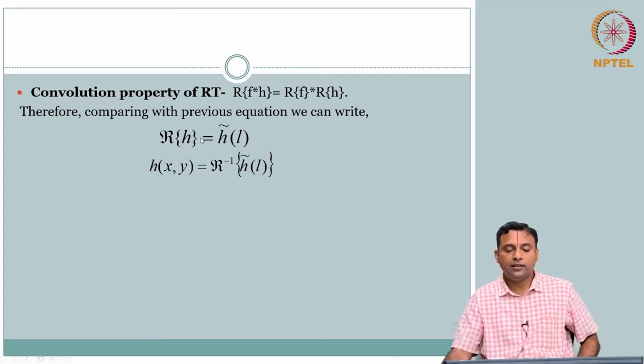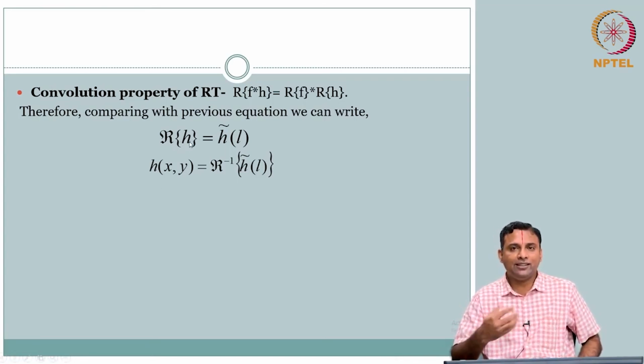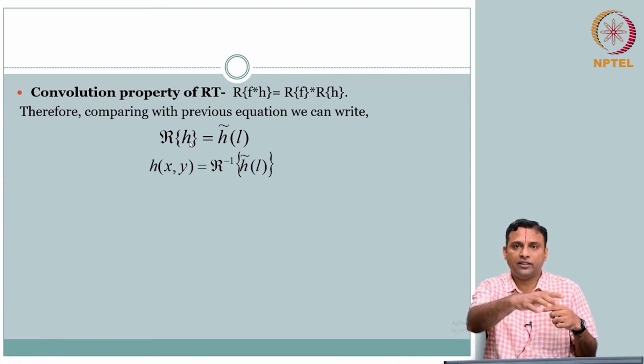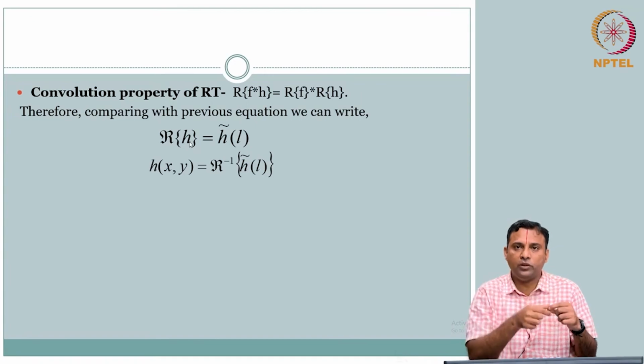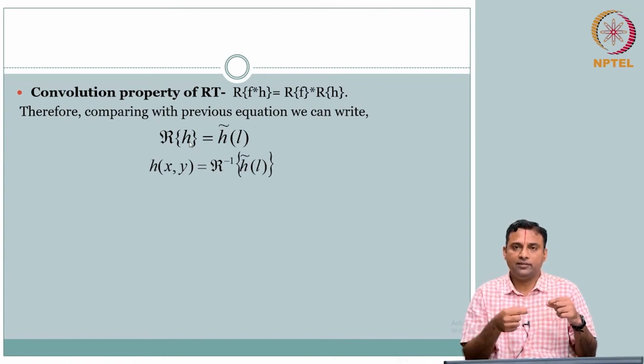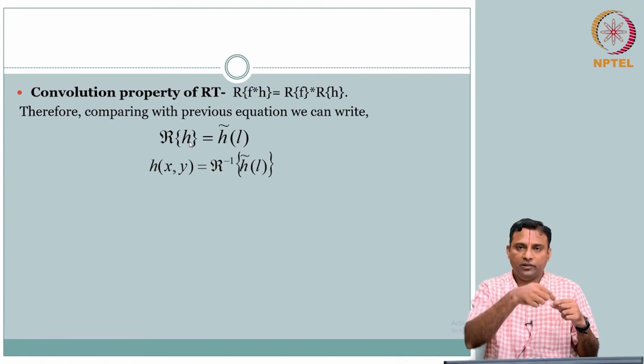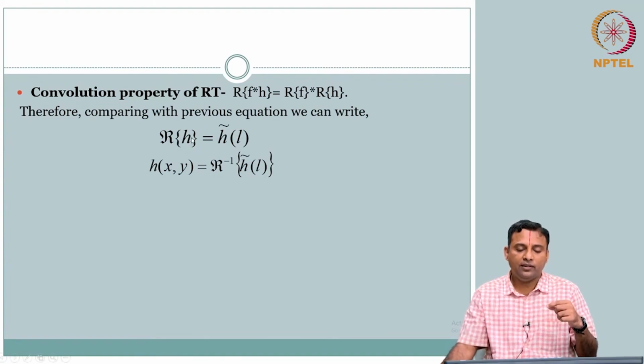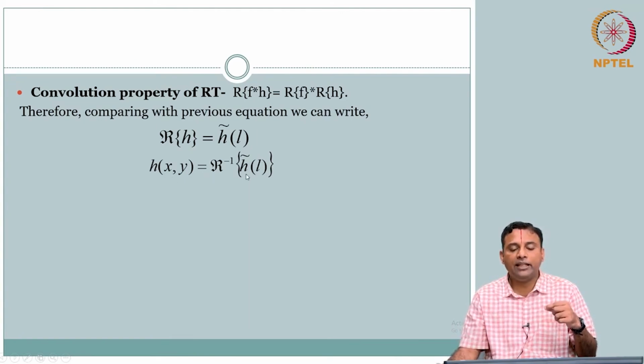See, g is similar. What is g? You had g of x comma y, right. That is projected, you get g of L comma theta. You collapse along the line, so 2 dimensions became 1 dimension. Similar thing here: your H tilde of L arrives from a 2 dimensional h of x comma y, which is the inverse Radon of this.